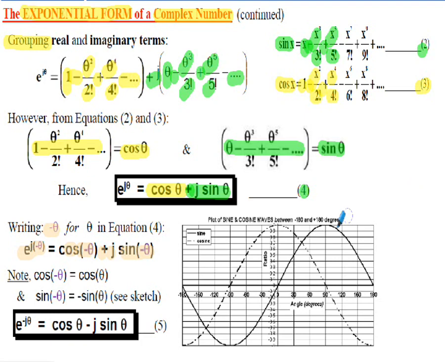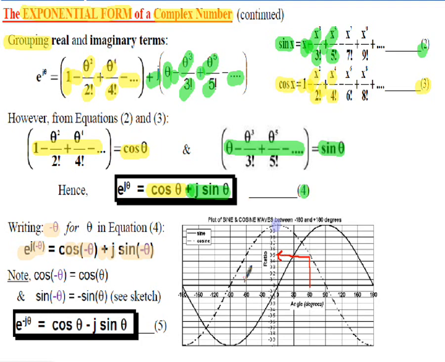If we now consider the curves on the right hand side, here is the cosine curve plotted for us. What we notice is that for a value of, say, positive 60 degrees as an angle, if we draw that up till it hits the curve and then read across for the ratio, we get a positive 0.5 value.